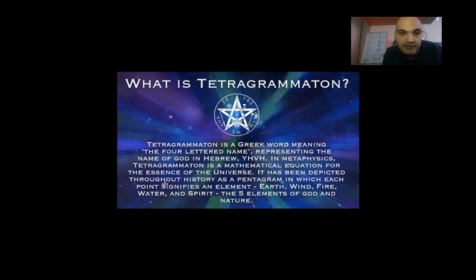It has been depicted throughout history as a pentagram in which each point signifies an element: earth, wind, fire, water, and spirit, the 5 elements of God and nature. So I'm explaining all this because this will be relevant once I go into my board and decode all the numbers.